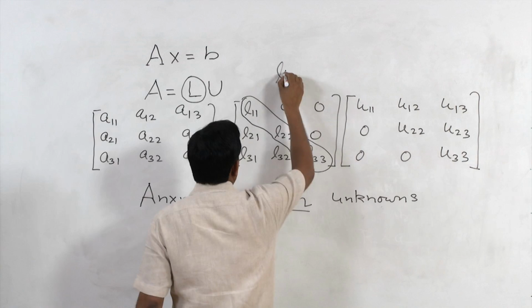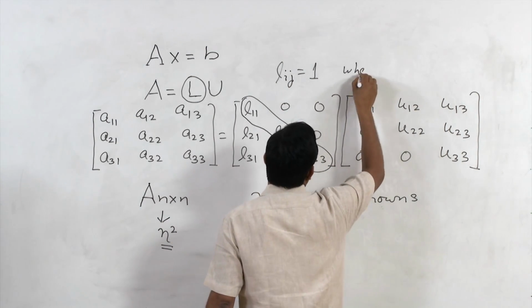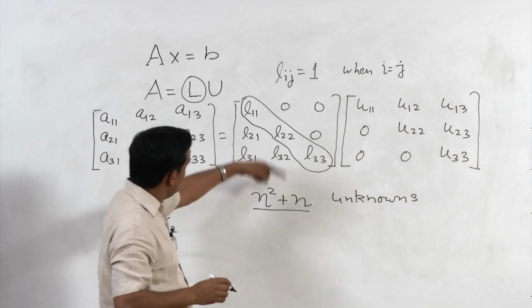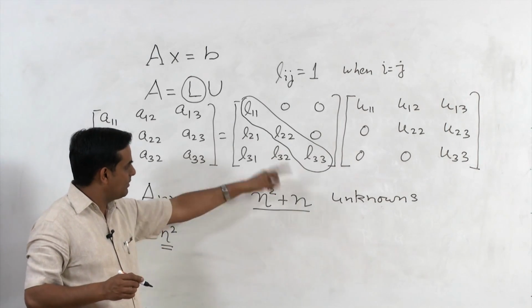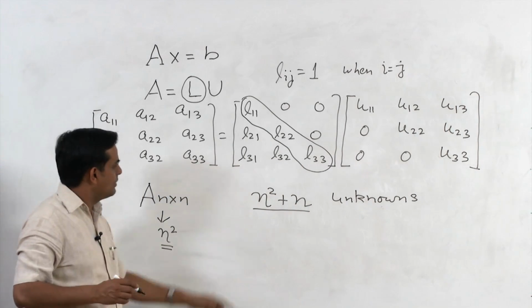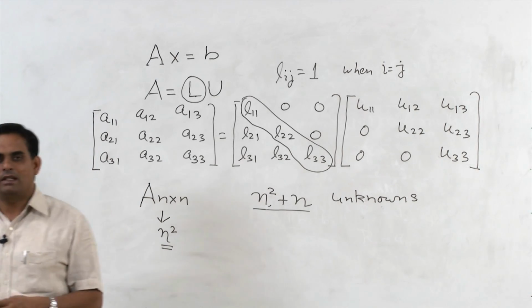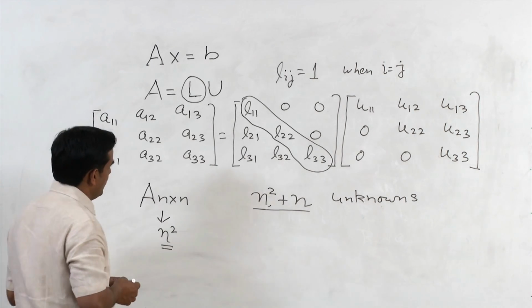So, Lij equals to 1 when i equals to j. So, what will happen? The n entries will become less here. So, the number of unknowns will be reduced by n. So, with n square unknowns and n square entries, I will get a unique solution for the LU factorization.